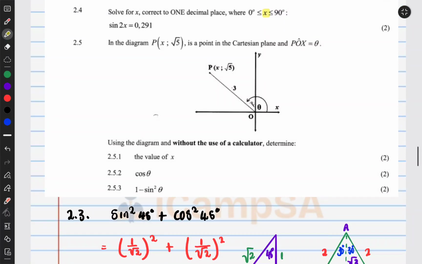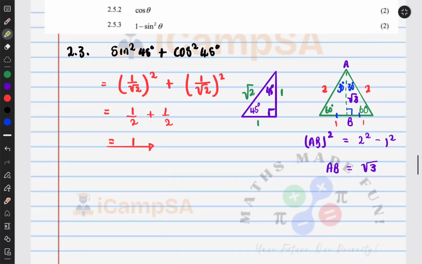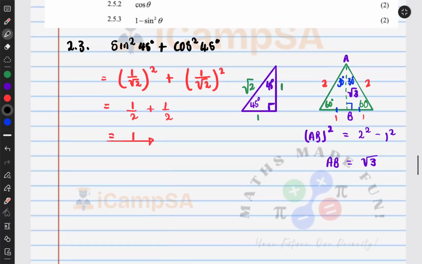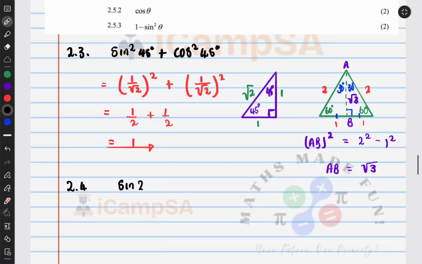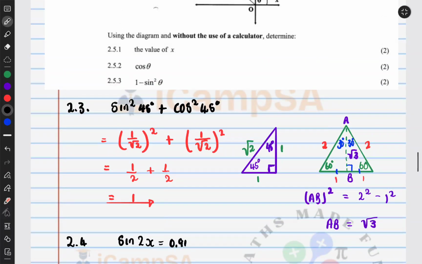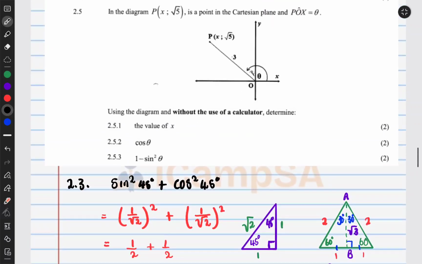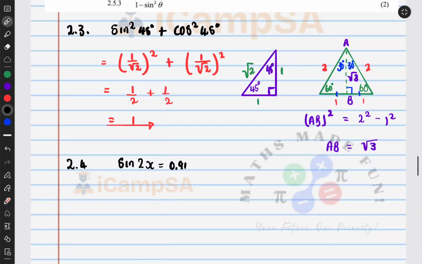We have sine 2x is equal to 0.291, that is 2.4. So to solve for x here, what do we do?